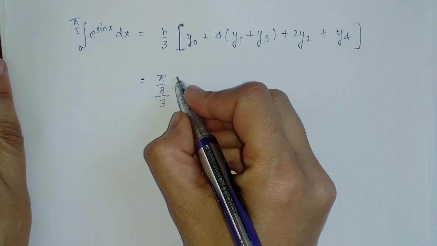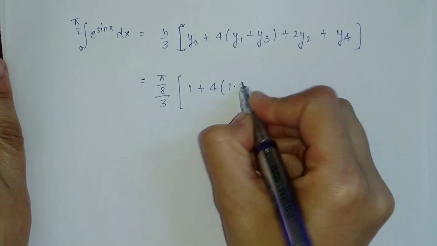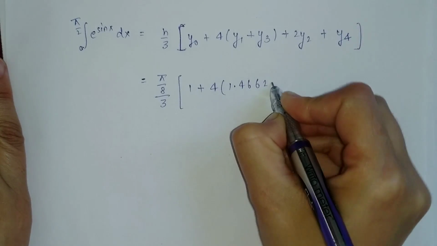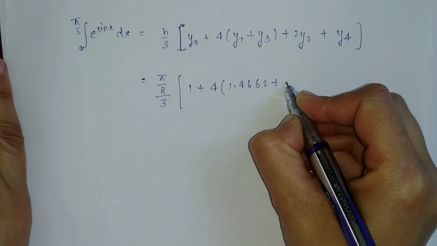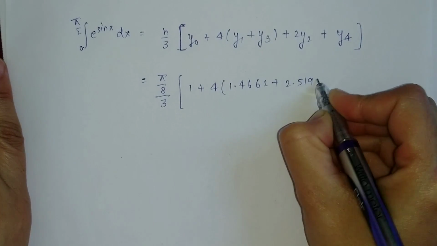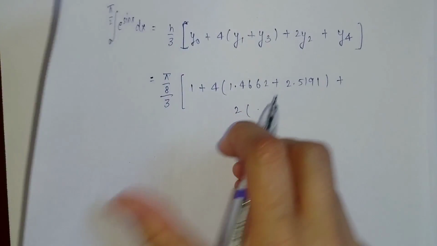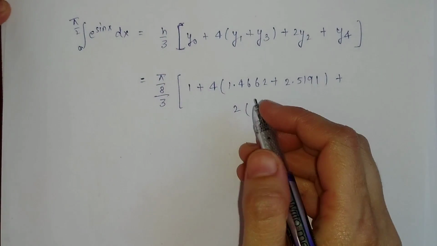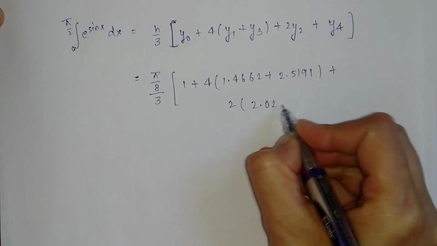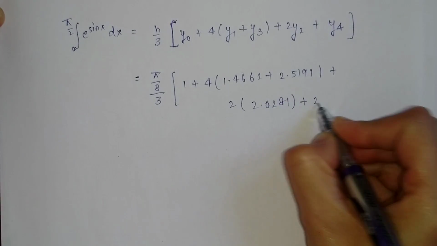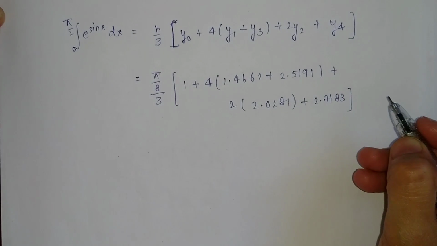h is pi by 8 and y0 is 1, plus 4 times (y1 is 1.4662 plus y3 is 2.5191) plus 2 times y2, which is 2.0281, and y4 is 2.7183.